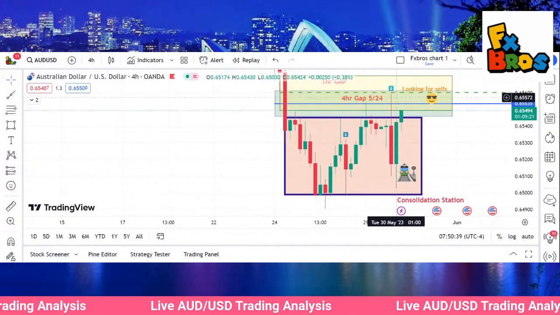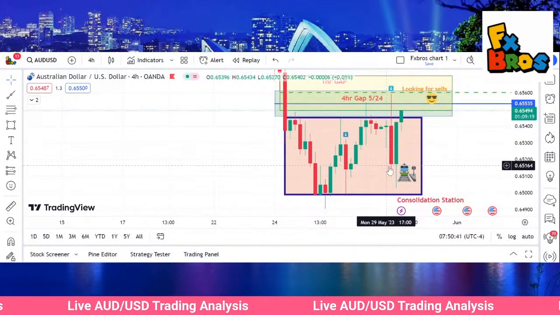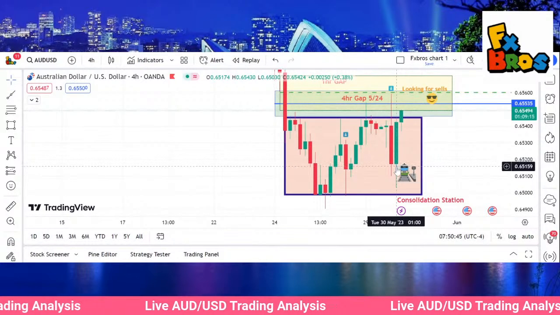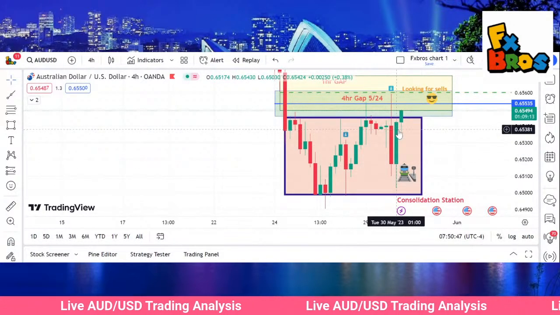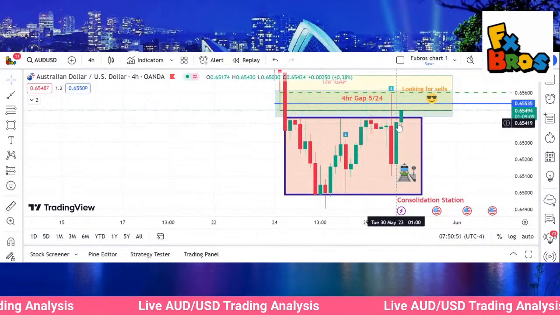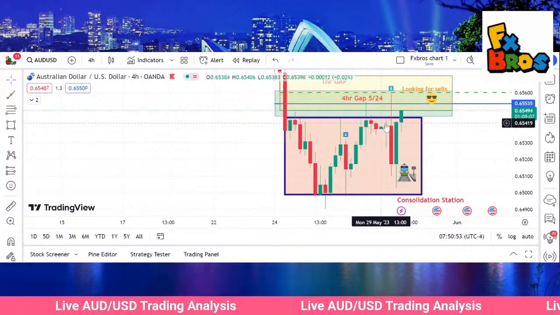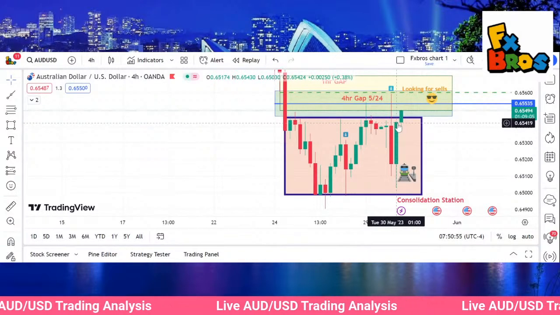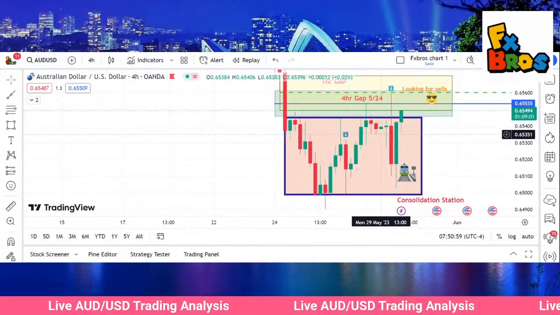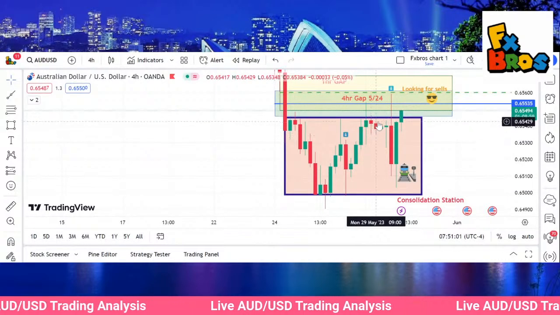But with that strong reversal, we had a nice little sell-off, followed by a pre-London push all the way into 5 a.m. And that closed back above all these candles, which was the last 1, 2, 3, 4, 5.